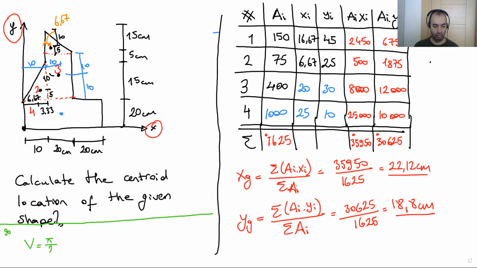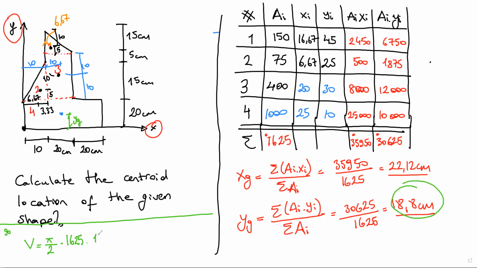It's like pi over 2, right? This is 90 degrees times the area. Area is here, total area, times the distance. The distance to the x-axis is, actually, this distance is yg. So we put it here, and this gives us the volume. Let me calculate it.